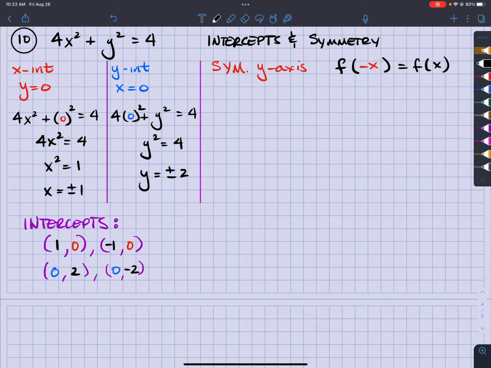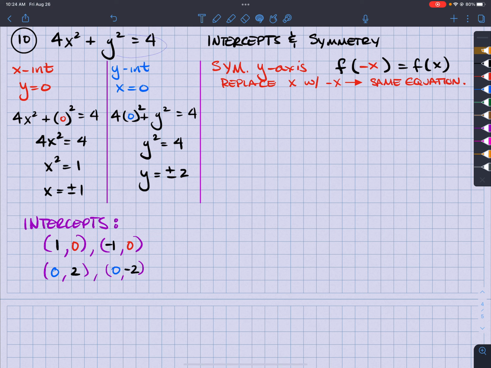So what this is telling me to do is to replace x with negative x, and if I get the same equation, then I do have symmetry about the y-axis. So let's go ahead and do that.